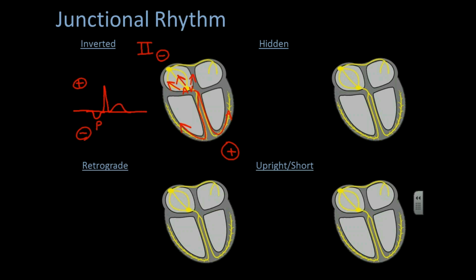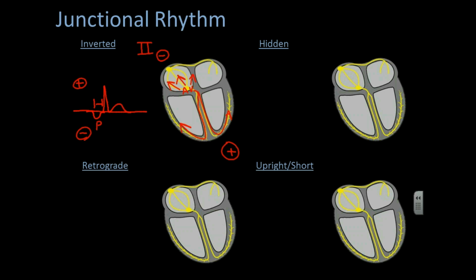Now, since the depolarization is happening essentially right in the middle of the conduction system, when the P wave is inverted like this, the PR should be reasonably short, usually expected to be less than 0.12. And that is how it would show up if the P wave was inverted, and why.